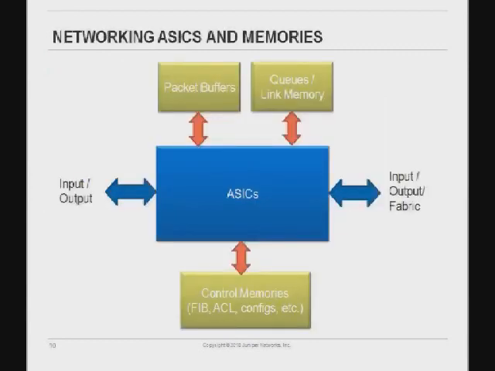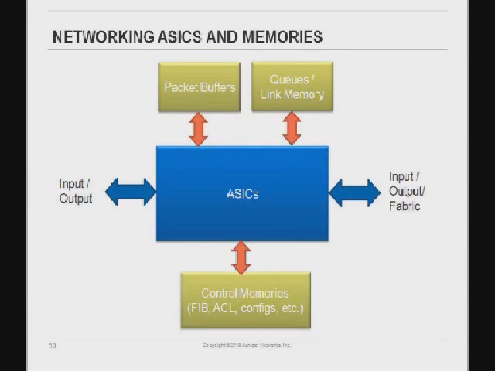Now let's talk about memories. On this diagram, we are showing a system of ASICs. Although I drew one box, they could be multiple ASICs, and they are connected to a bunch of memories. Of course, on one side you have the input of the packets, and on the other side, the output. You can either go to the line, like Ethernet, or optical, or SONET, or any of the ODUs.